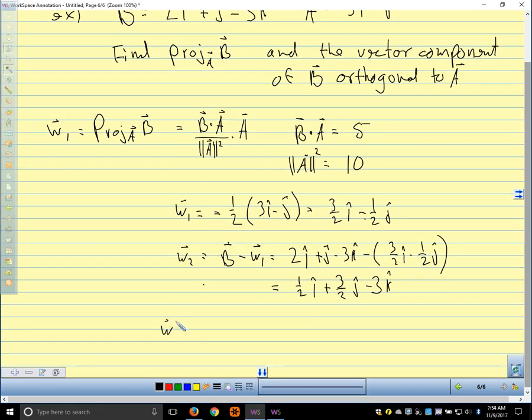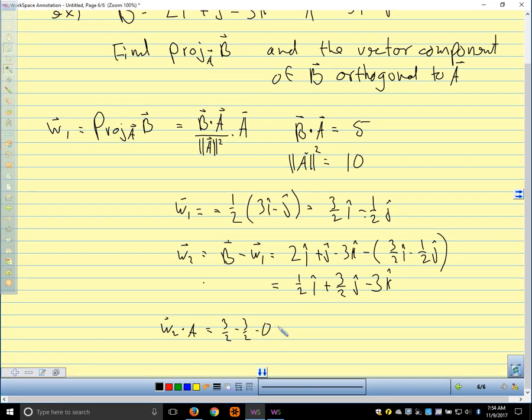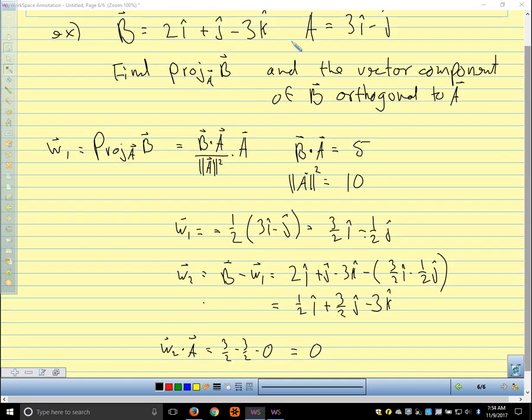W2 dot A is 3/2 minus 3/2 minus 0, which is 0. So W2 is orthogonal to A because the dot product is 0. And we could also check if we added W1 and W2, we would see that they add up to give us B.